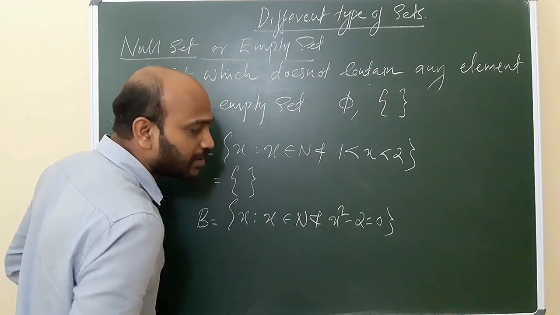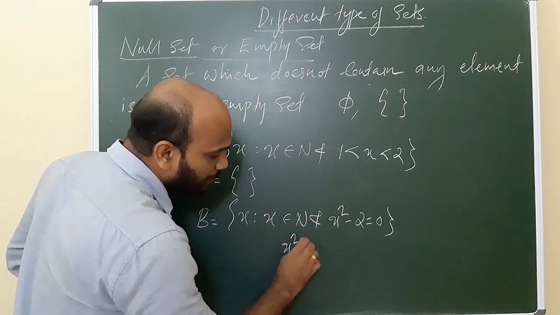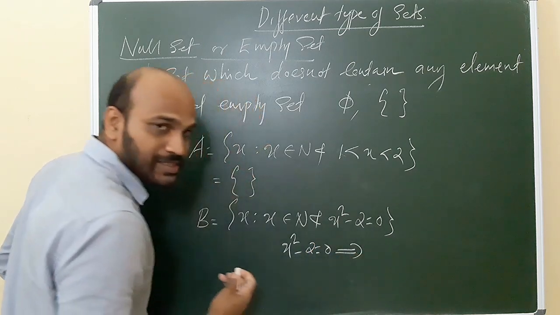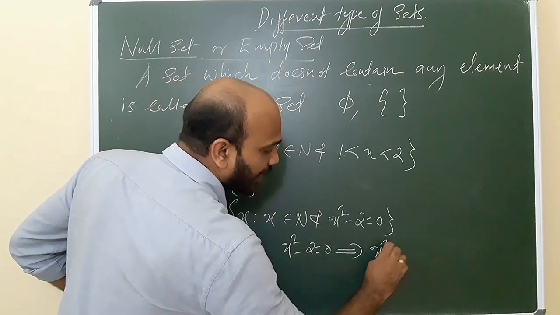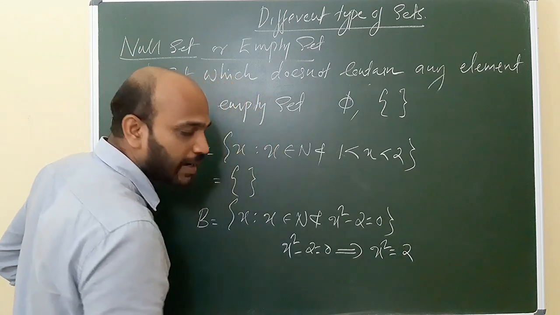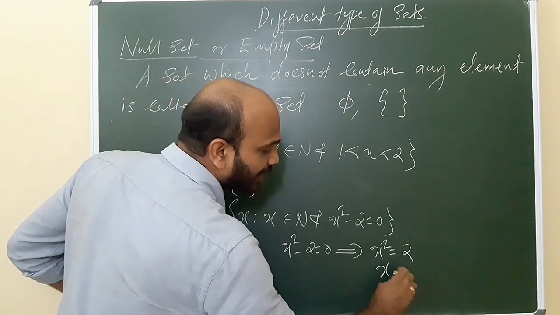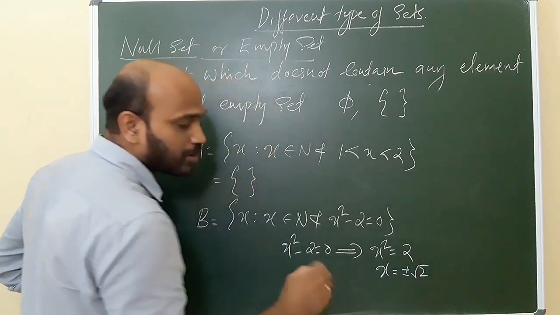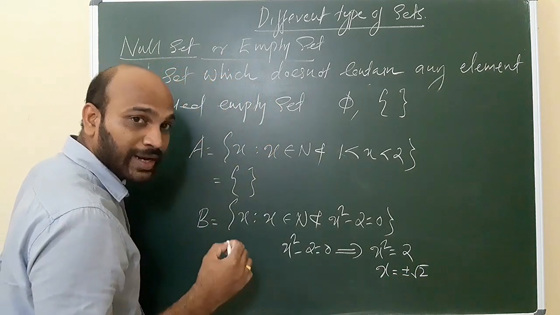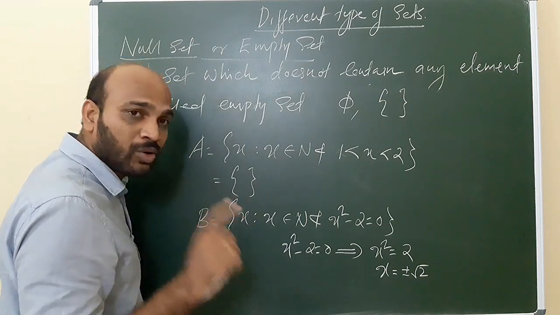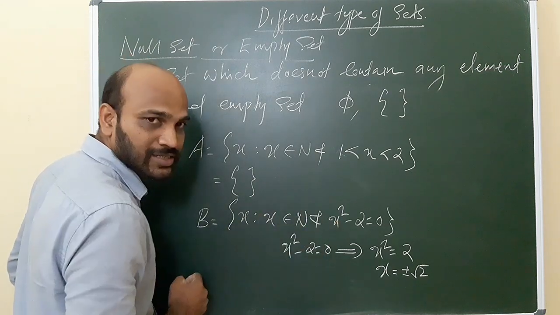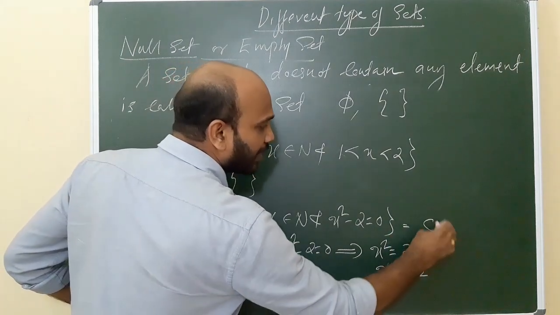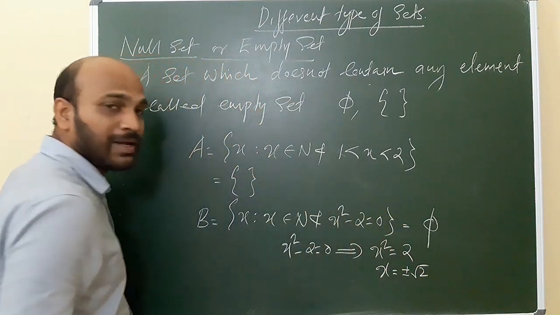For that you have to solve the equation. x square minus 2 equal to 0 implies x square equal to 2, right, which implies x equal to plus or minus root 2, and root 2 is not a natural number. That means there is no natural number satisfying this condition. So this is another example for an empty set. We can represent it by the symbol phi.